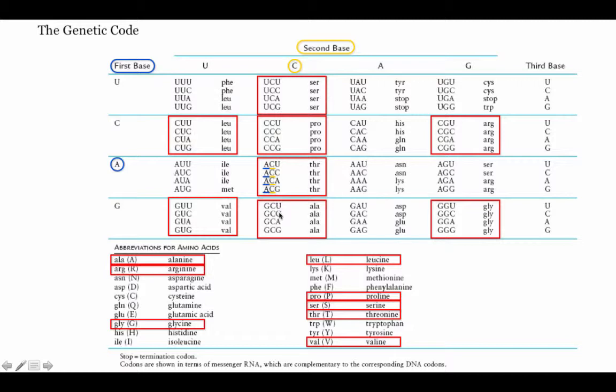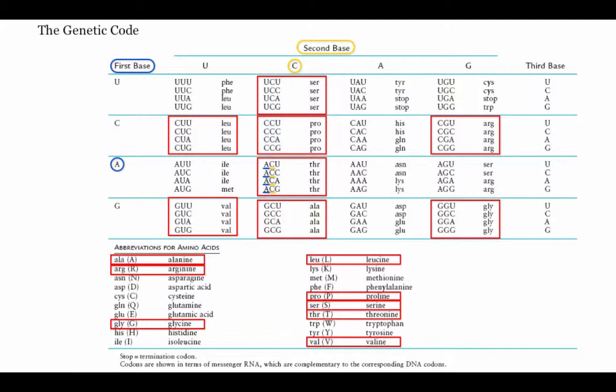Because the third base in each of these codons could be any of the 4 bases that you find in RNA, a mutation that affects the DNA and therefore the RNA as well, that changes the identity of these bases either through a transition or a transversion mutation, will not change the identity of the amino acid which the codon codes for.